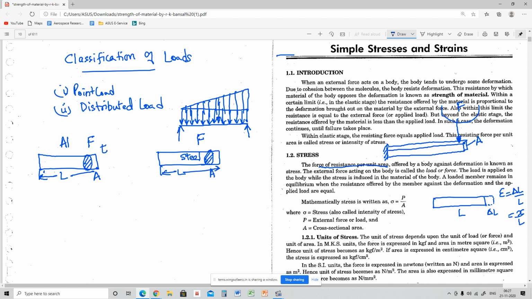Here Young's modulus is 70 gigapascal, and here Young's modulus is 210 gigapascal.